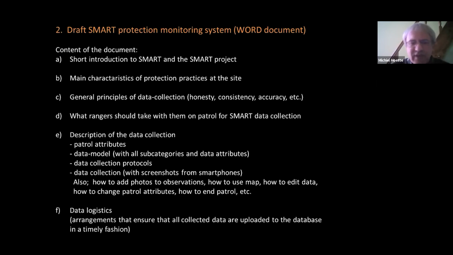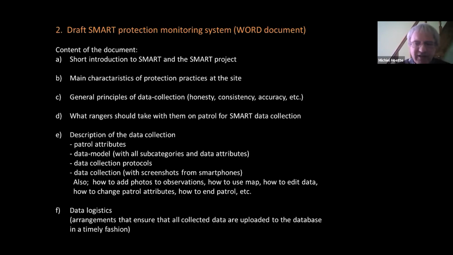And you might already wish to upload it on SMART and give a few screenshots on how these procedures for data collection look on a phone. And some suggestions on how data logistics, bringing the data back to the office so that it can be uploaded into the database, how that will be organized.